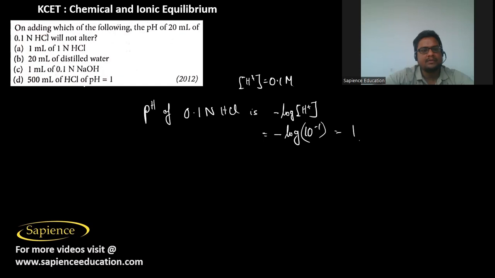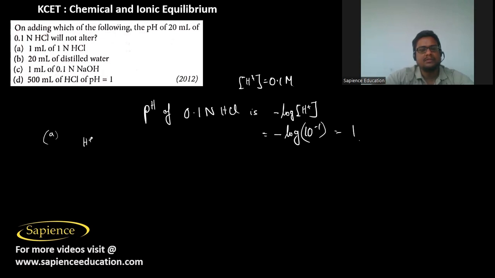Now, part A: 500 ml of HCl of pH equal to 1. Now if you have 1 ml of 1 normal HCl, in the first case the concentration is 1.